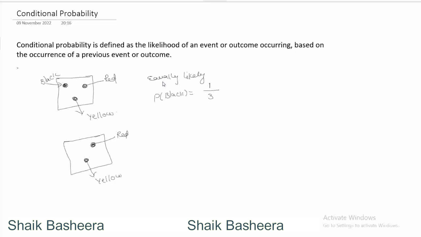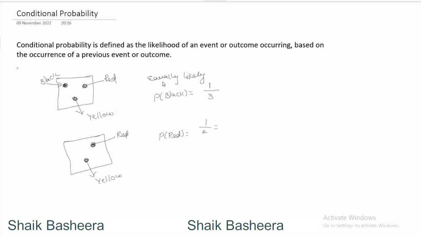Under such a condition, if you are going to find the probability of the red ball, how many red balls do you have? One red ball. And how many balls in total? Only 2 balls. That's why it is 1 by 2 over here.